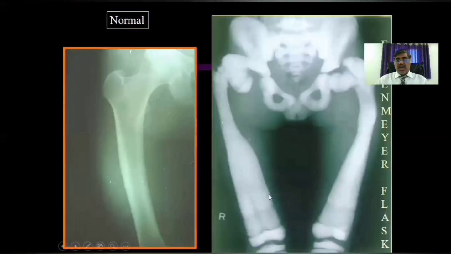And this is the radiograph showing the fracture of the femur and pelvis, and the shape of the femur is altered. It is called Erlenmeyer flask appearance, which is very typical of a condition called marble bone disease. Marble bone disease.